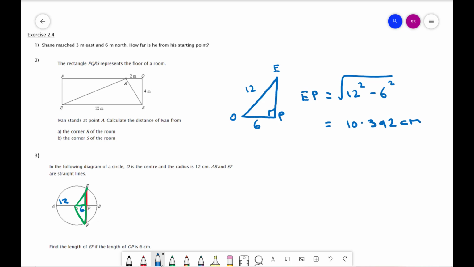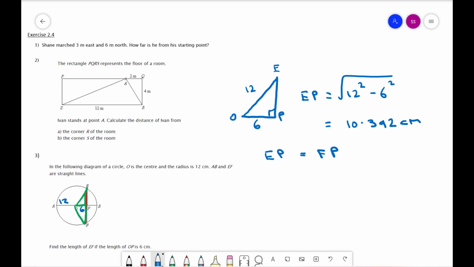Now, because line AB is a diameter line going straight through the circle, then line PF and line EP will be the same. So I'll just write that down. Line EP is the same as line FP.